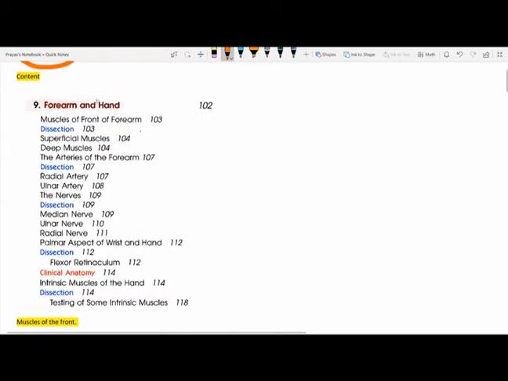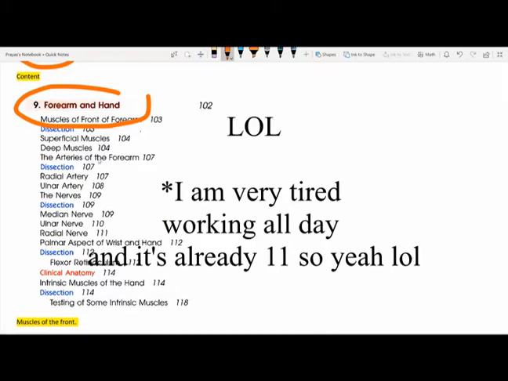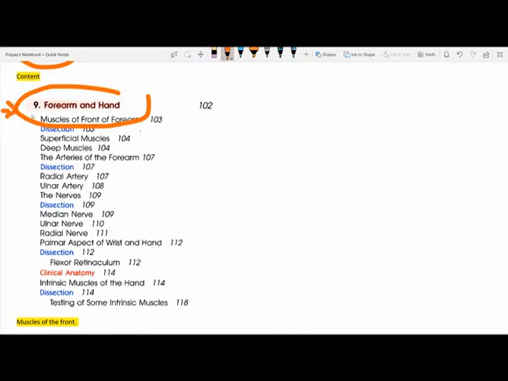So today we started studying the forearm and hand. This is a really big chapter, one of the biggest chapters in the upper limb. We started from here and completed all of this up till the clinical muscles of the hand.